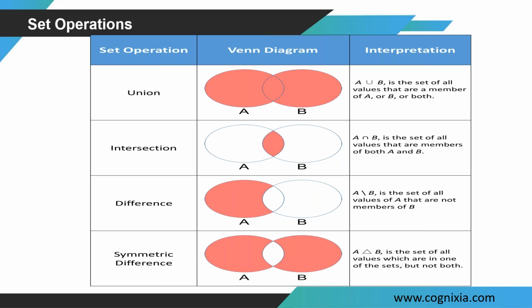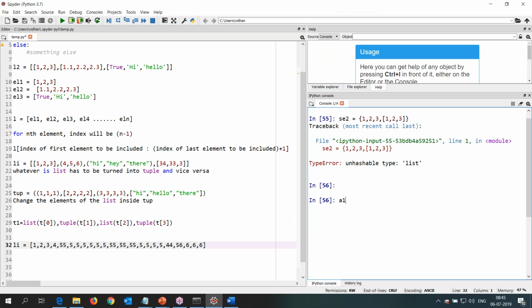So if you have two sets, like set A1 and set A2, then these are the things that you can do. You can have a union of sets, an intersection of sets, a difference of sets, and a symmetric difference between the sets. Okay, let's see this. Let's create two sets, guys. Let's have A1, which is say 1, 2, 3, 4, 5.